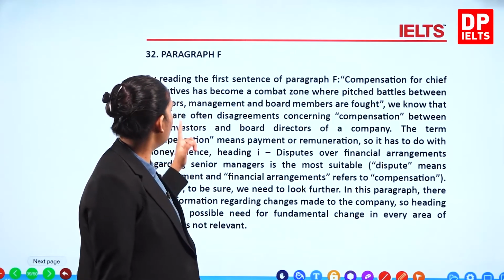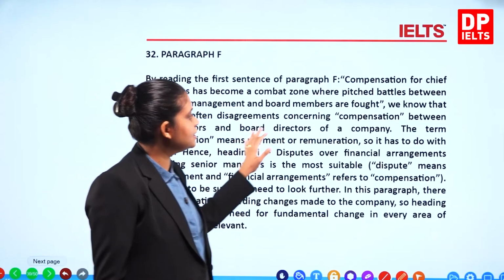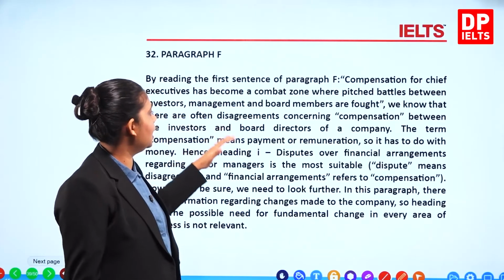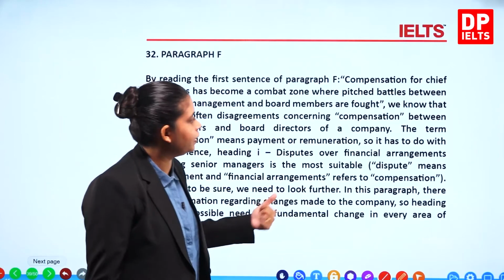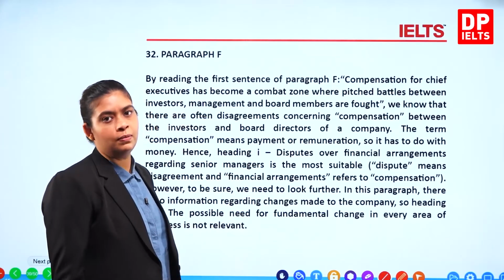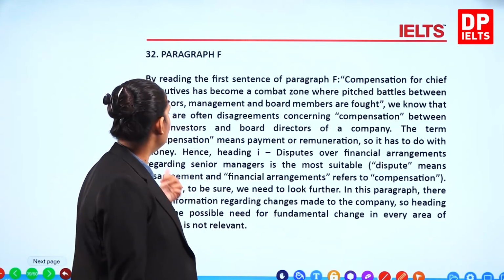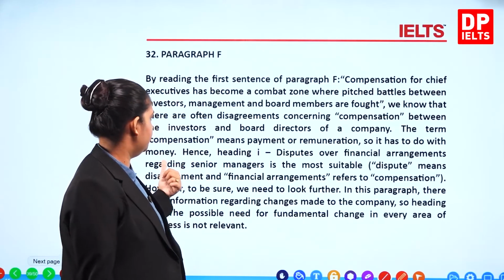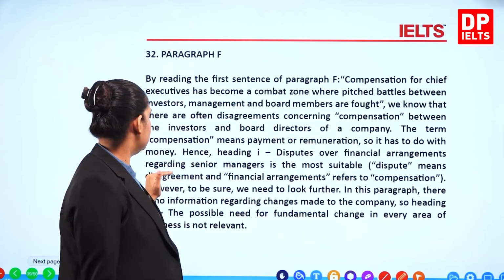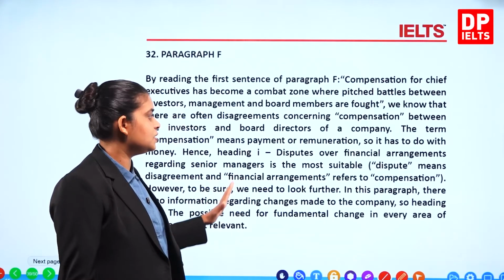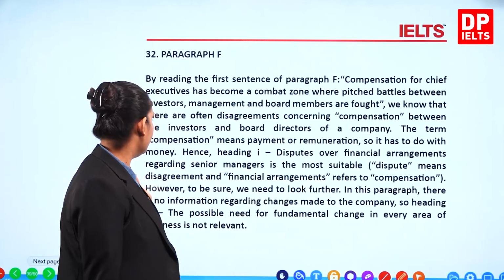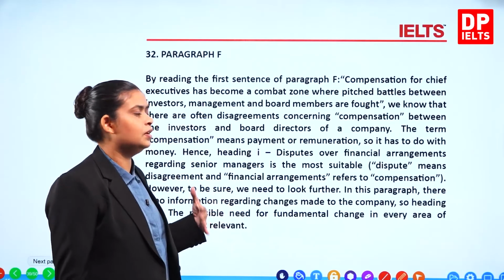We know that there are often disagreements concerning compensation between the investors and board directors of a company. The term compensation means payment or remuneration. So it has to do with money, right? Heading 1, disputes over financial arrangements regarding senior managers, is most suitable. So dispute means disagreement, right? However, to be sure, we need to look a bit further.